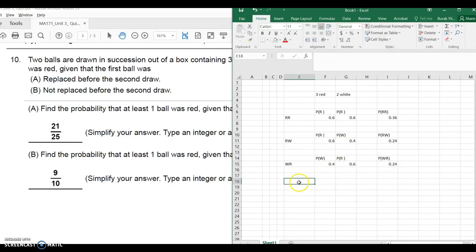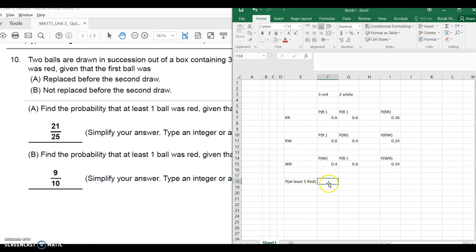So then my probability of at least one red would be this one plus that one plus that one, which is 0.84.